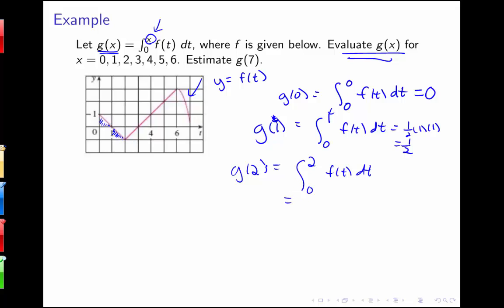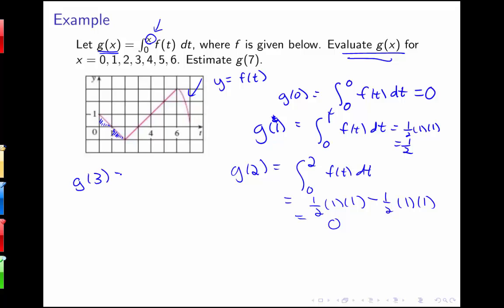So what I would have is 1/2 base times height minus 1/2 base times height of this triangular area that lies below the x-axis. So this actually has value 0. The integral from 0 to 2 ends up being 0 because this area above cancels out with this area below my t-axis.